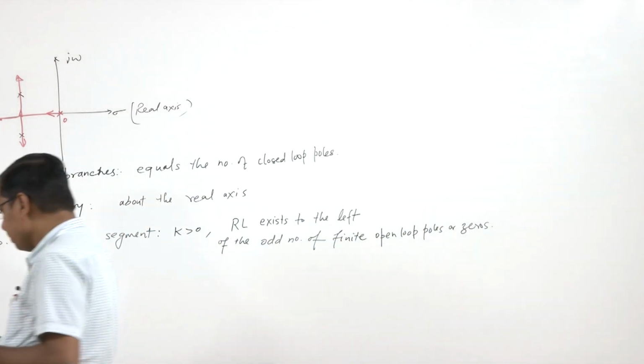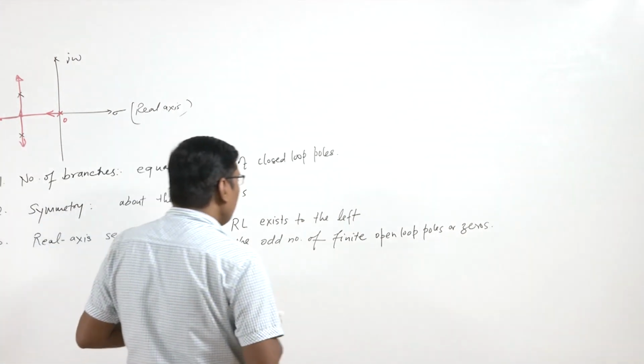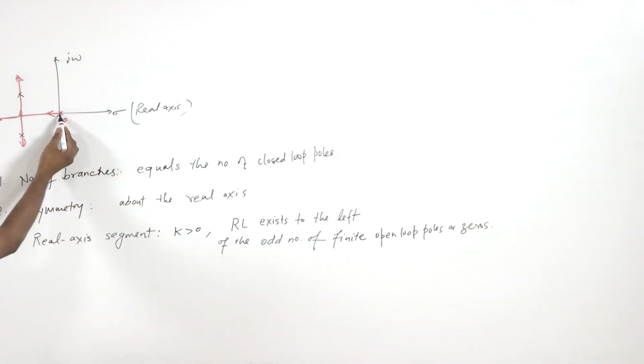Here we should understand why the root locus is on the real axis existing here but not here. Why is this root locus moving towards this side, not this side?